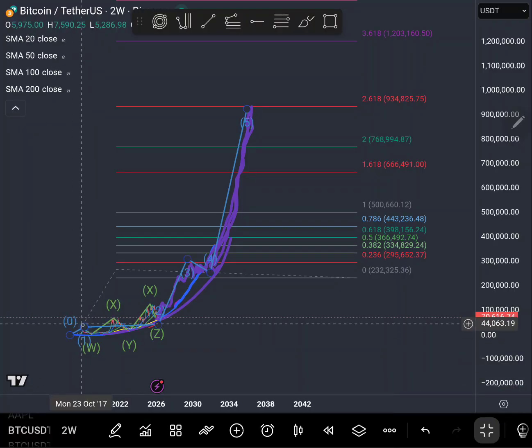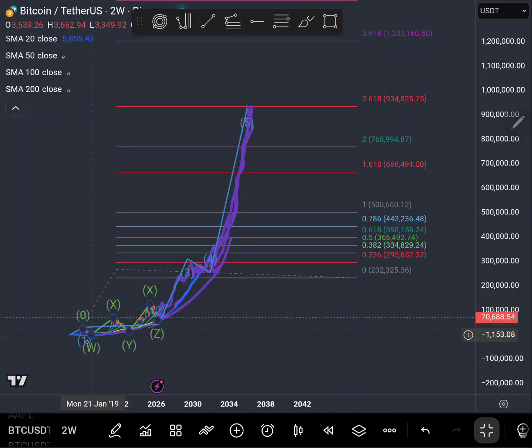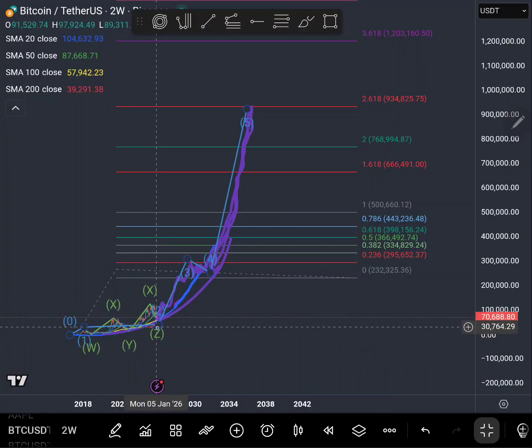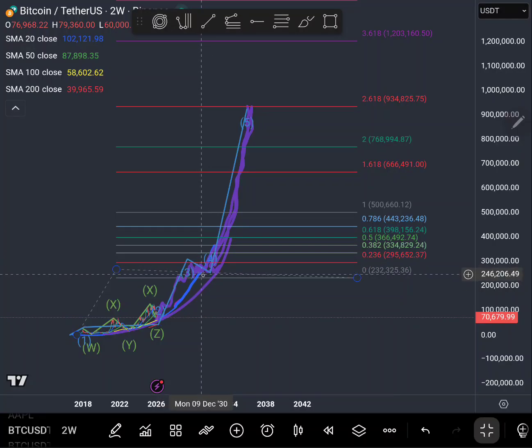So it went up to 20,000, then it went into a crazy wave 2, a complex correction, a W, X, Y, X, Z. And it's probably finished about now. So that's wave 2 over with. It's going to go up to probably about 250-ish, 260-ish thousand dollars.